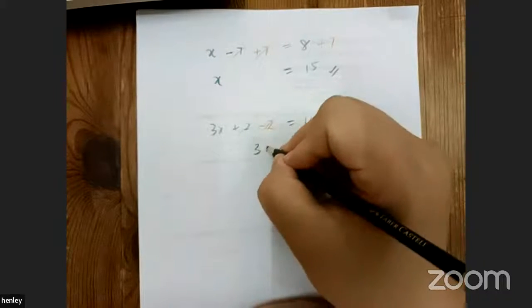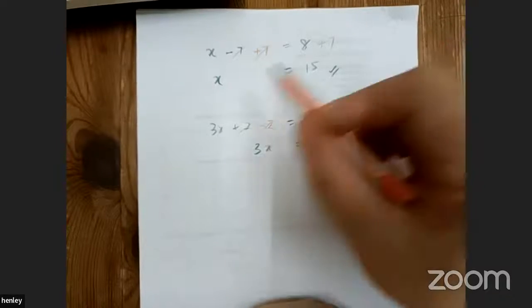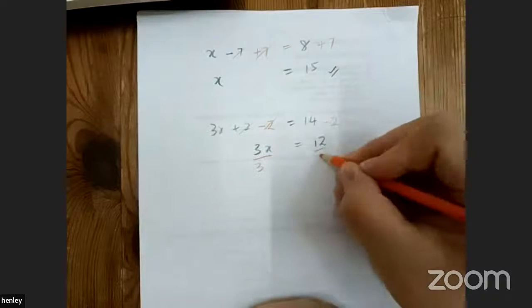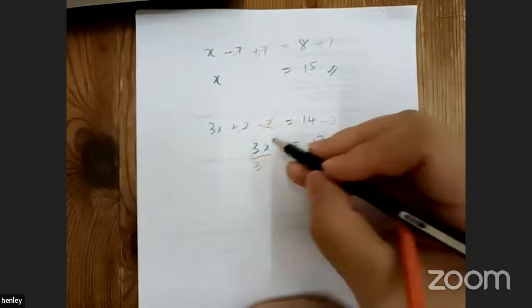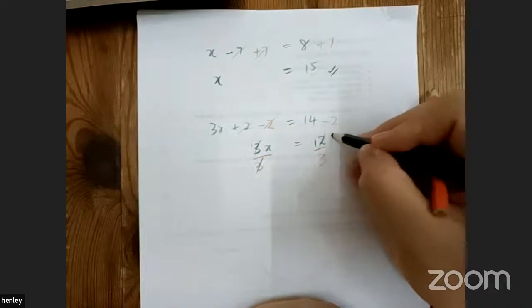So this one cancels out, and I end up with 3x equal to 12. I want to get rid of this 3 because what I want is to find the x, so I need to divide by 3. Three divided by 3 is 1, so it's 1x, and 12 divided by 3 becomes 4. So my answer is x equal to 4.